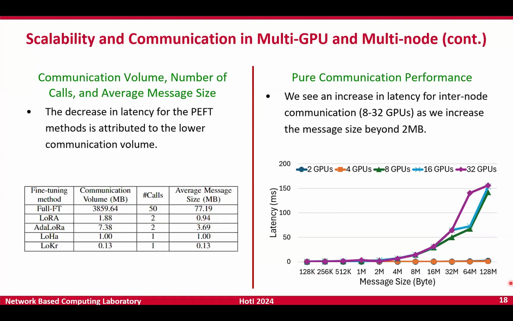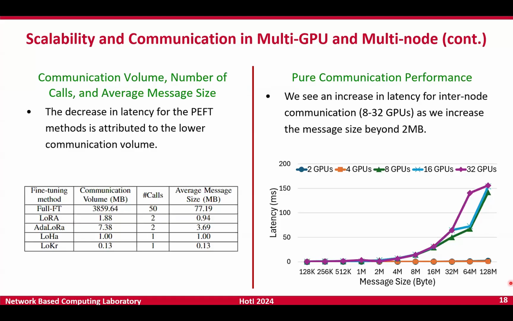So the total communication volume for full fine-tuning is almost 4 gigabytes. But for LoRA and other PEFT methods, it is below 10 megabytes. So we can see that there is a lot of communication volume saving here.